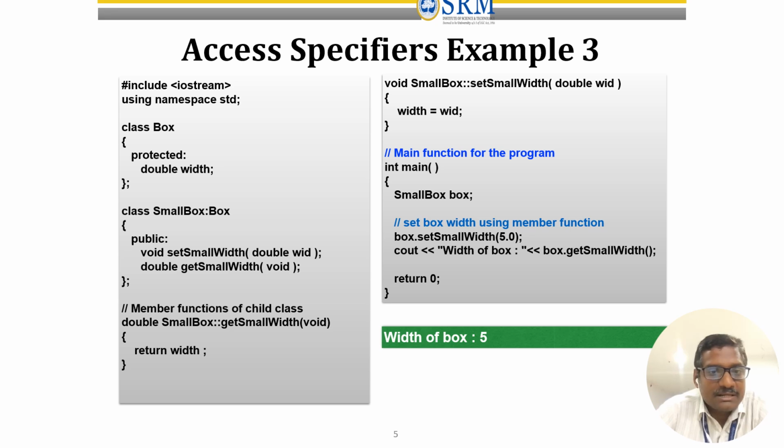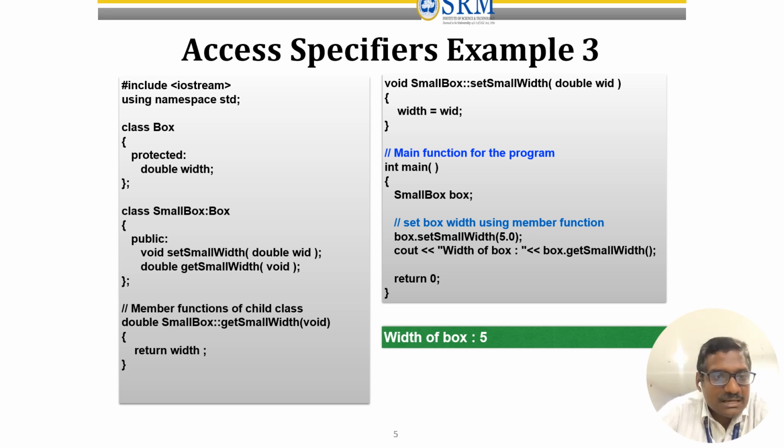Come to example 3. In this example 3, you could see the same class name, Box, with protected. That means protected is a data member which can be used in inheritance within the two classes.